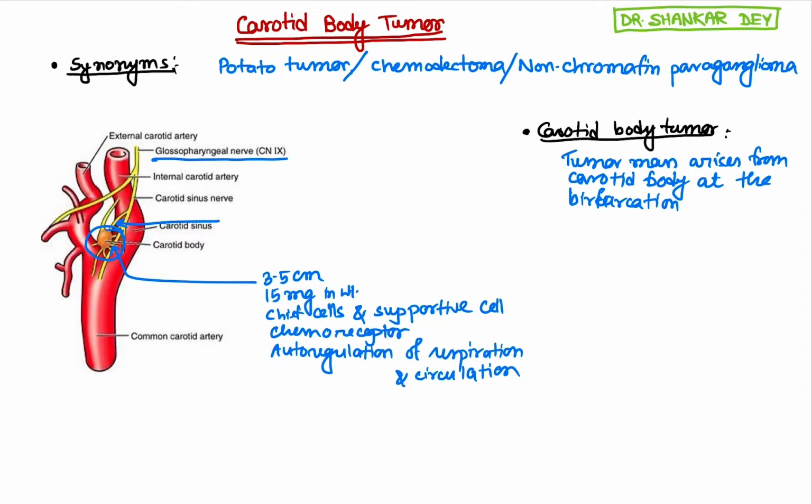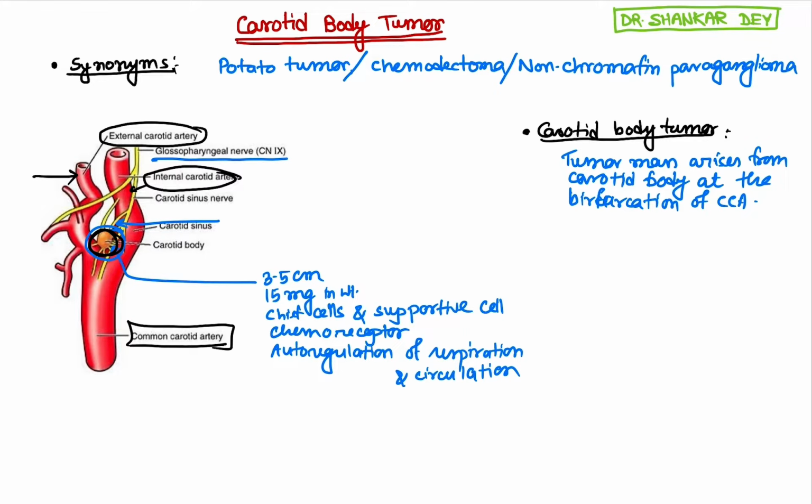As you can see, this is the common carotid artery and this is the bifurcation of common carotid artery. This is external carotid artery and this is internal carotid artery. So at the bifurcation, from this body, the tumor is arising.